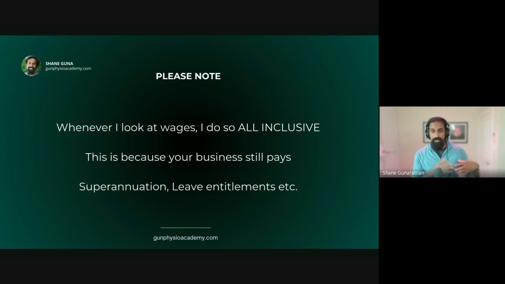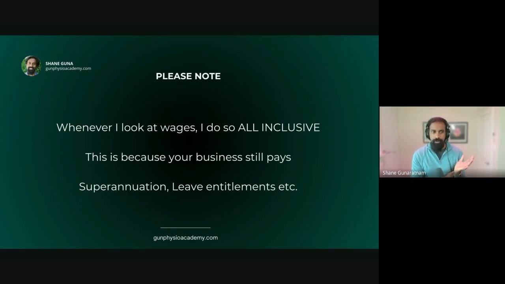Super used to be 9.5%. It's now 11.5%. It doesn't sound like much, but most people have lost 2% off their profit margin, at least in the last couple of years, with those increases, because they haven't been quoting all inclusive of super, as well as other things, not increasing their fees accordingly as well. So it's really important to start doing that.